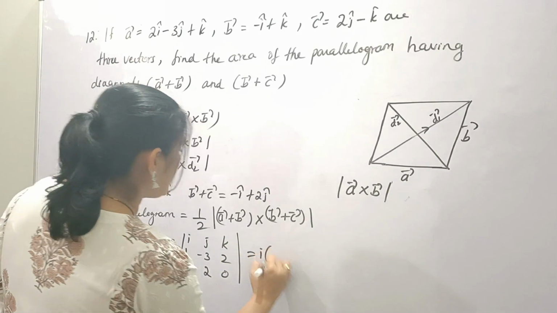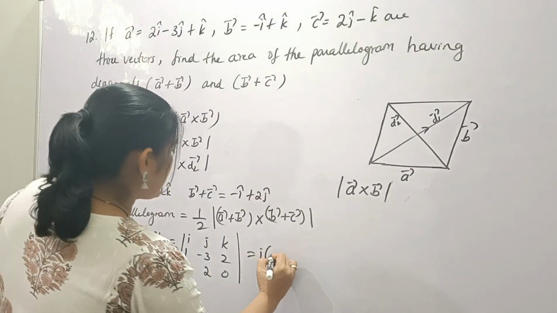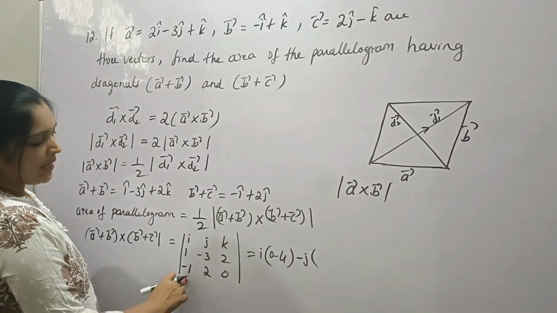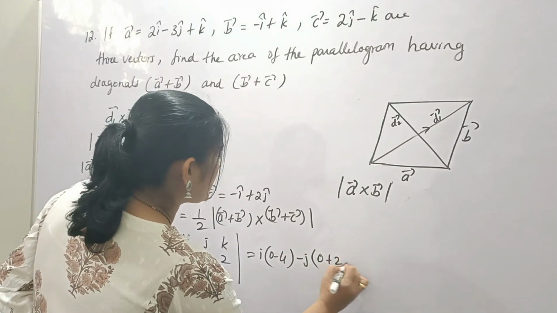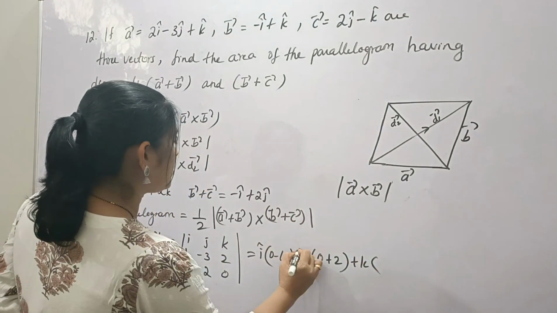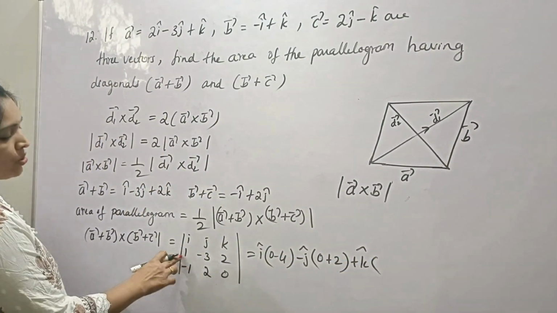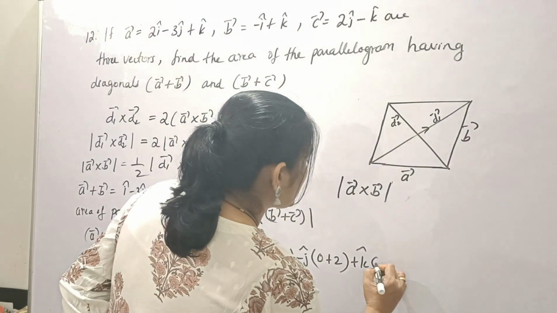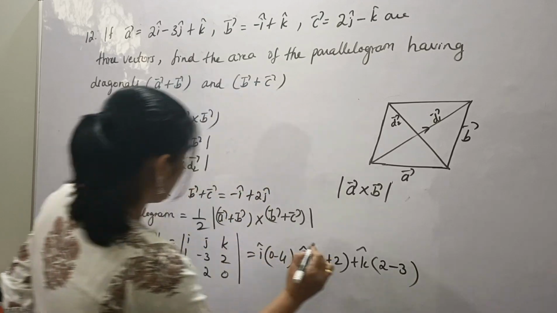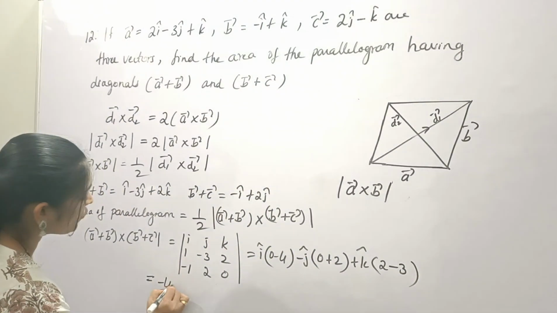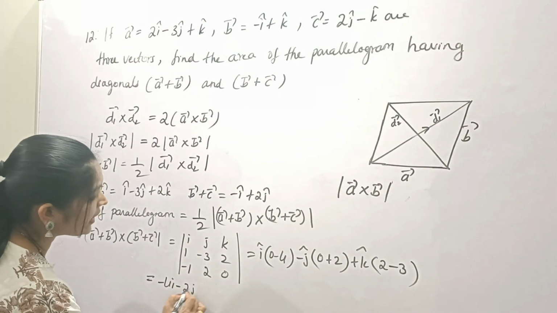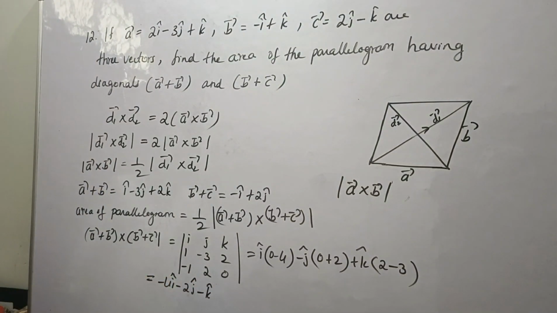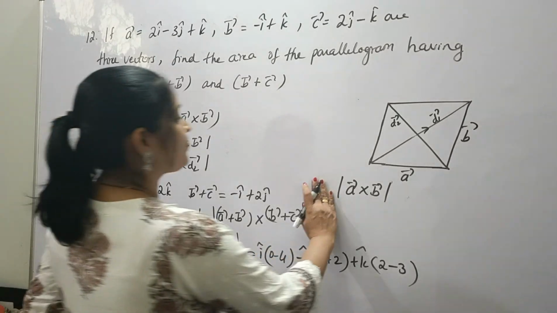That is equal to i into (0 minus 4) minus j into (0 plus 2) plus k into (2 minus 3), that is equal to minus 4i minus 2j minus k.